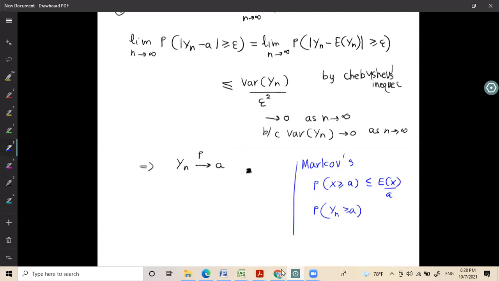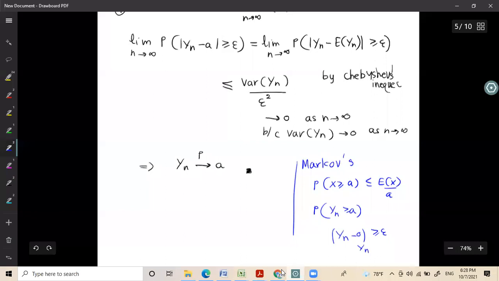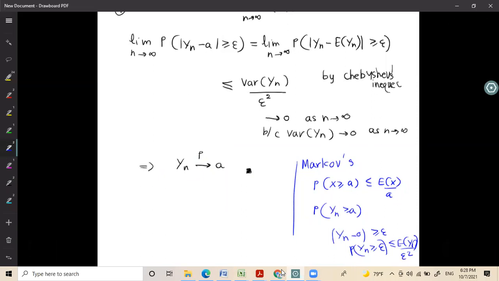This would be possible if you had |Yn minus 0| greater than or equal to epsilon, and in that case you have |Yn| greater than or equal to epsilon, and you can write this as less than or equal to E[Yn] divided by epsilon. But what you have is Yn minus A, so it is not the same as the Markov inequality, right?